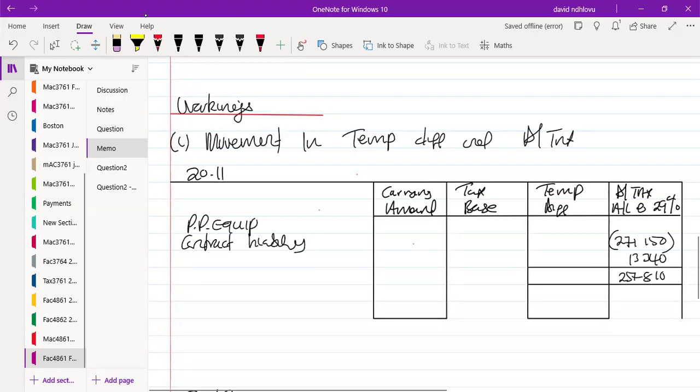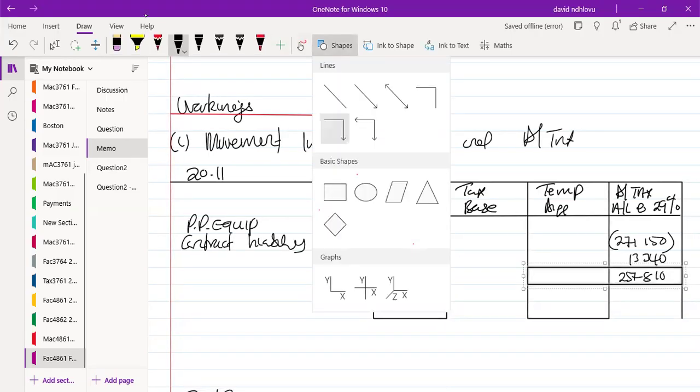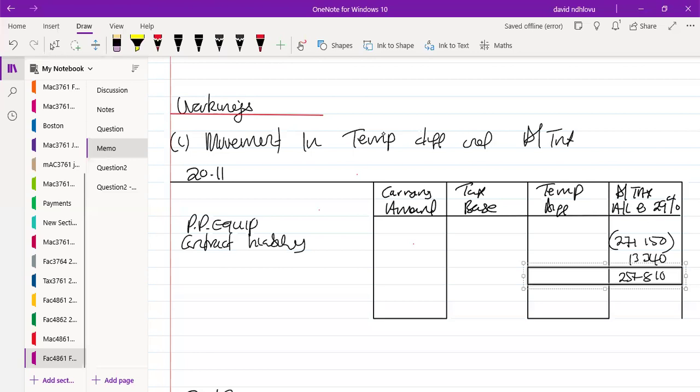Now remember, in this calculation, we also need to calculate the movement in temporary differences. So we need to figure out what the figures here are. To arrive at the figure of 271,150, we would have said whatever was here multiplied by 29%.